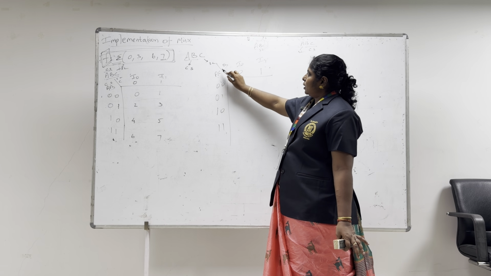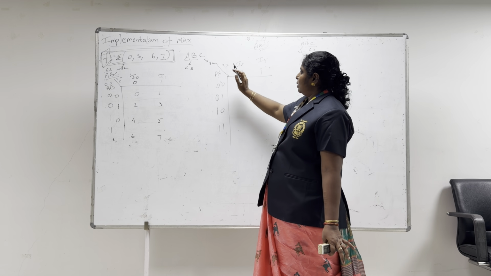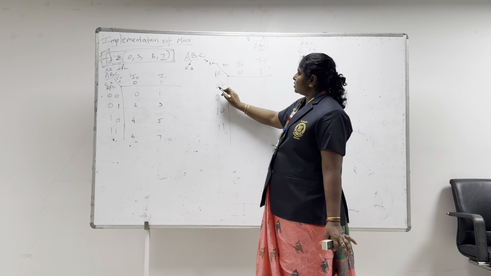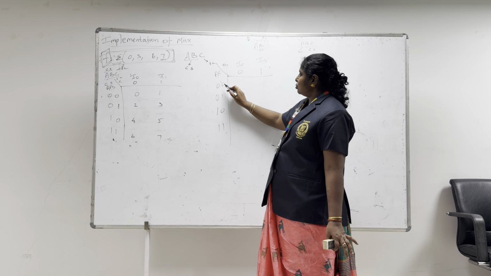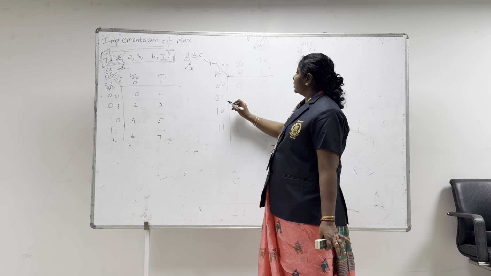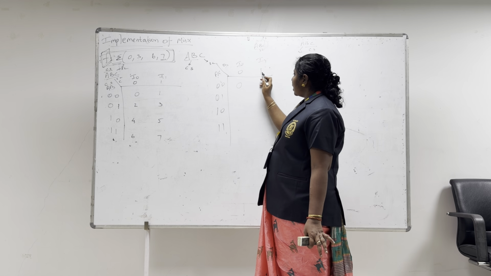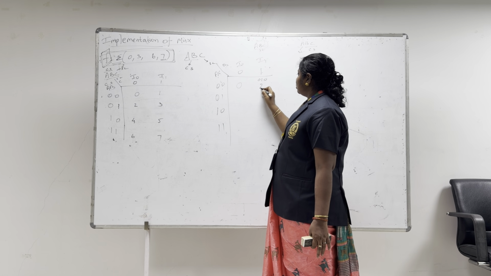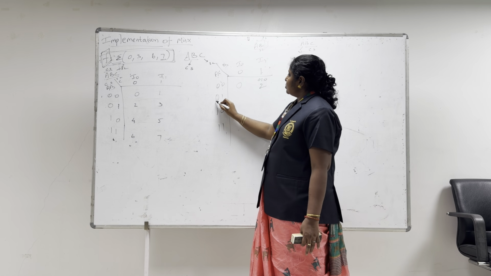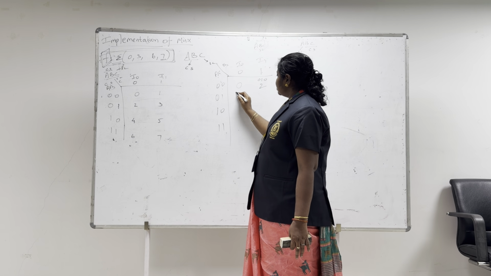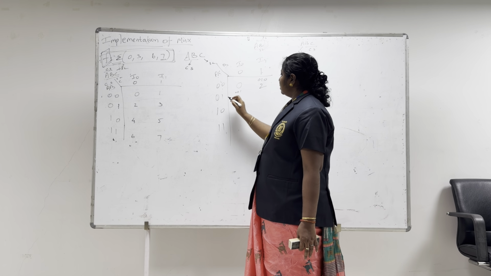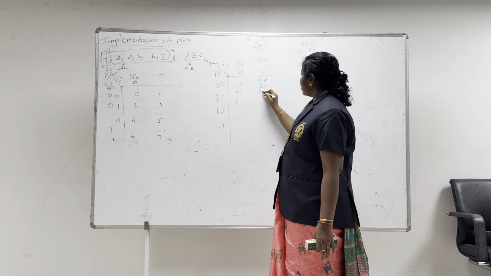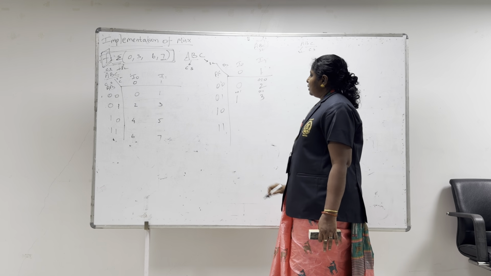So A is over here, B is over here, C is over here, and therefore here the implementation is 0 0 0, therefore 0. Over here 0 1 0, which is nothing but 2. Over here 0 0 1, so 1. Here it is 0 1 1, it is 3.